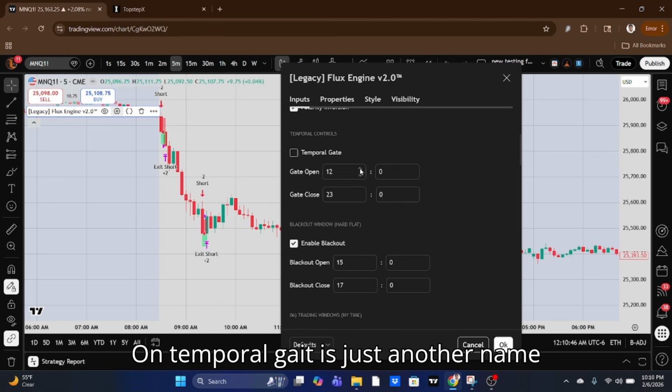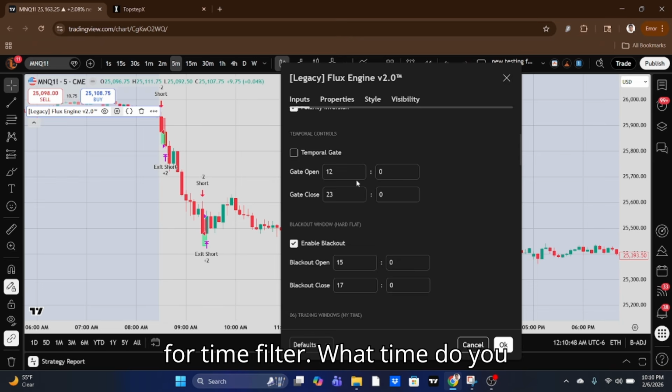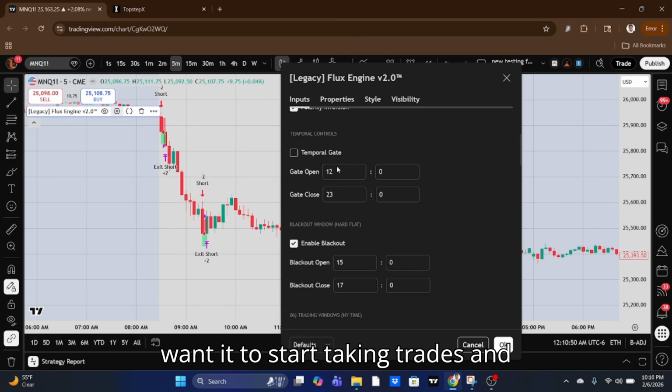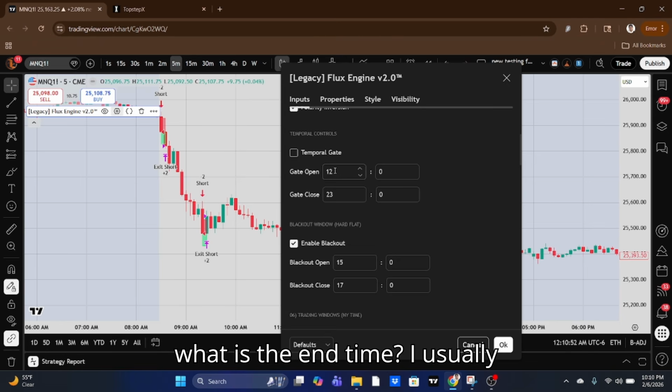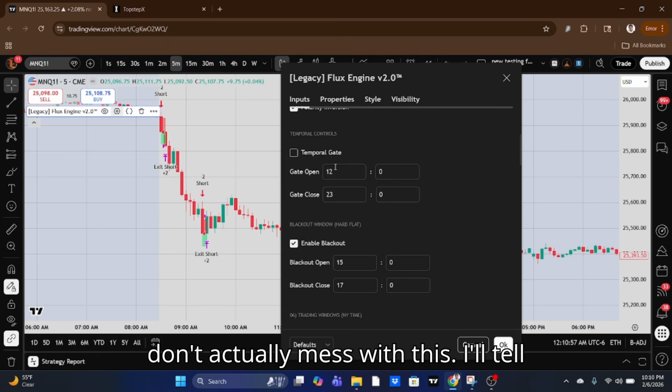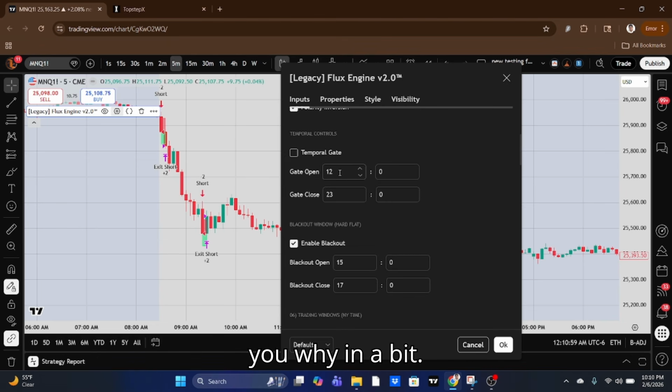Temporal gate is just another name for time filter. What time do you want it to start taking trades, and what is the end time? I usually don't actually mess with this. I'll tell you why in a bit.